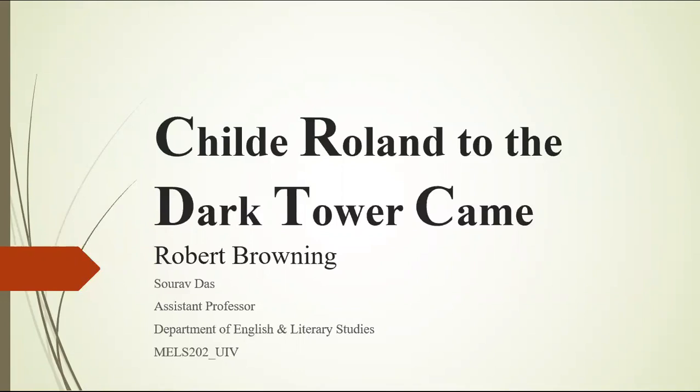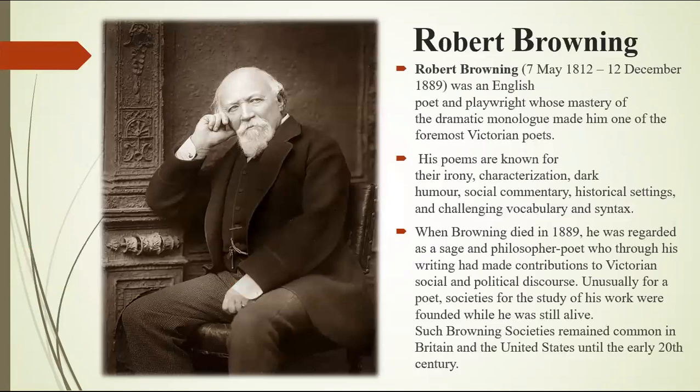Now this video lecture will be a short one, just an introduction to Robert Browning, his ideals, and an introduction to Childe Roland to the Dark Tower Came. Robert Browning is a very interesting, popular, and famous name when it comes to British poetry, because of not just the poems that he wrote or the subject matter of those poems, but because of his experimentation with form.